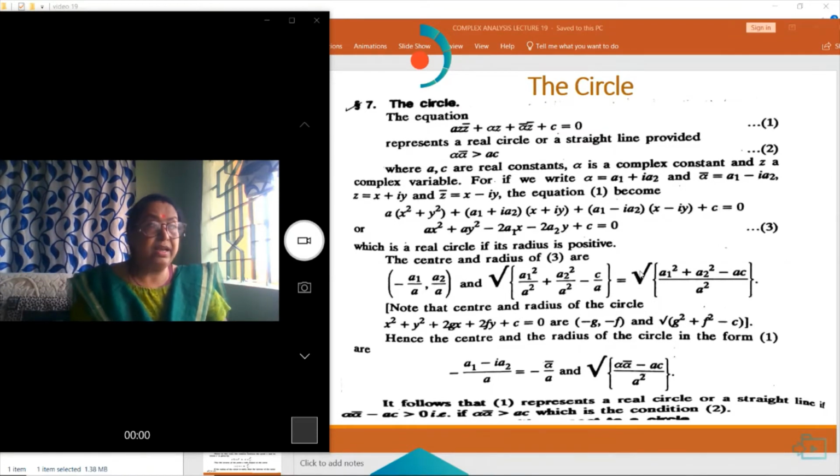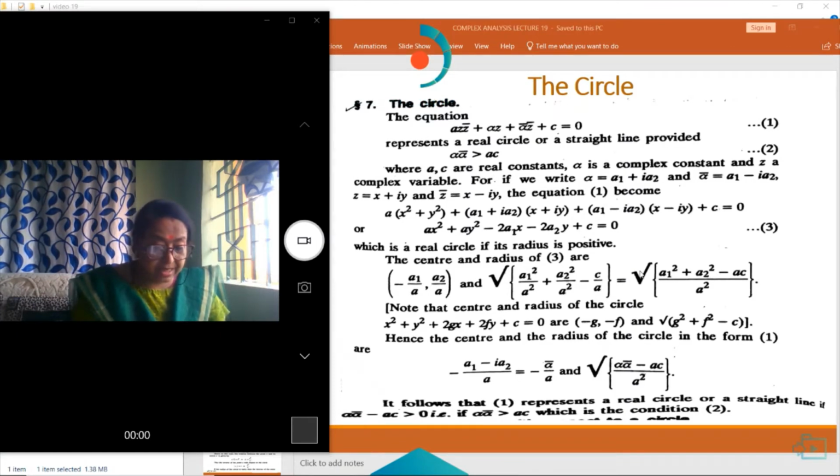Now the circle. In complex analysis, we can represent the equation of a circle in the form A z z bar plus alpha bar z plus alpha z bar plus C is equal to 0.